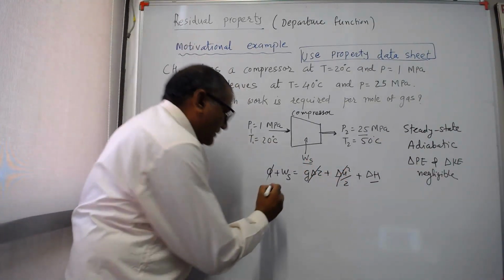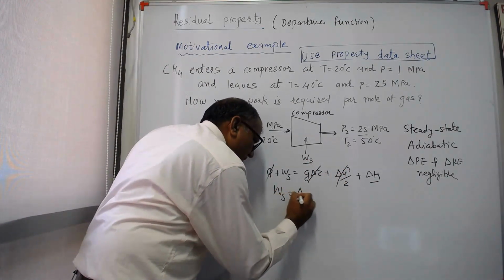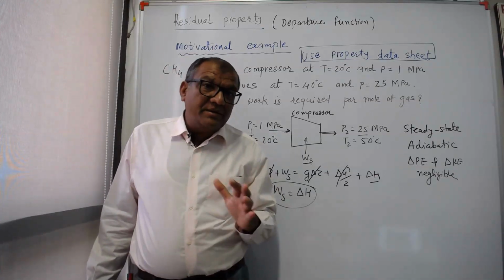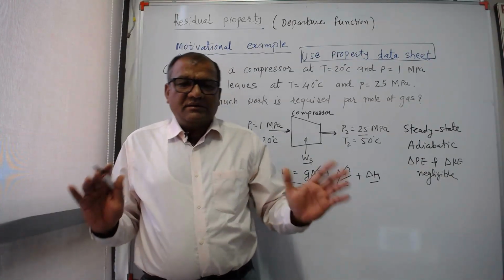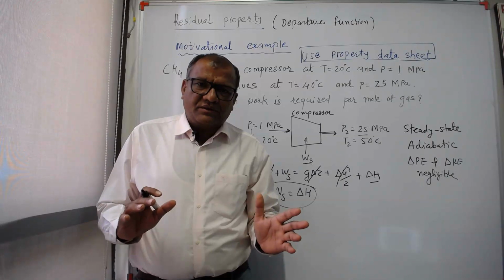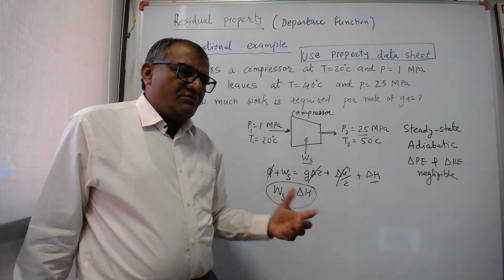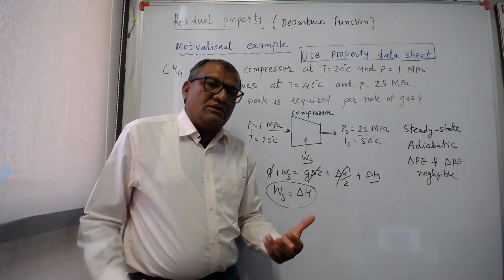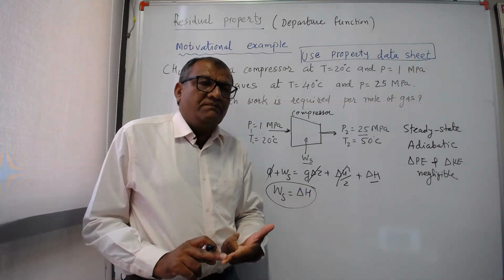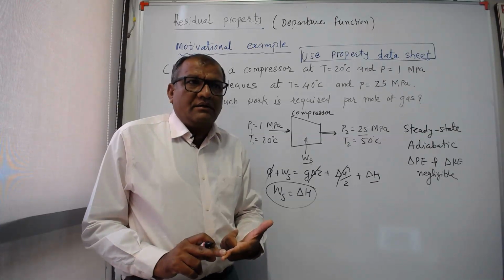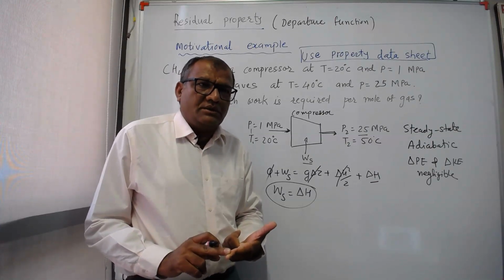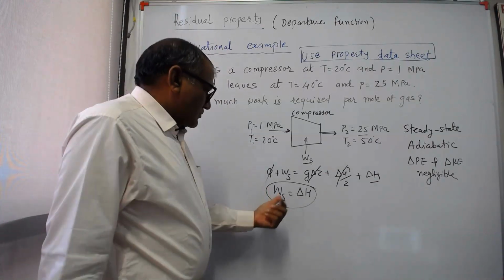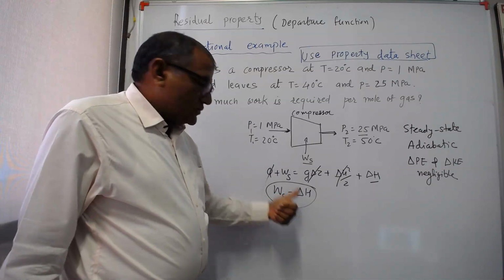Ultimately Ws equals delta H. This is the same equation for an adiabatic turbine, only the sign of the work would be different. The same equation can be used for the calculation of work using a turbine, and in that case also we are assuming an adiabatic expansion. So this is the equation Ws equal to delta H.